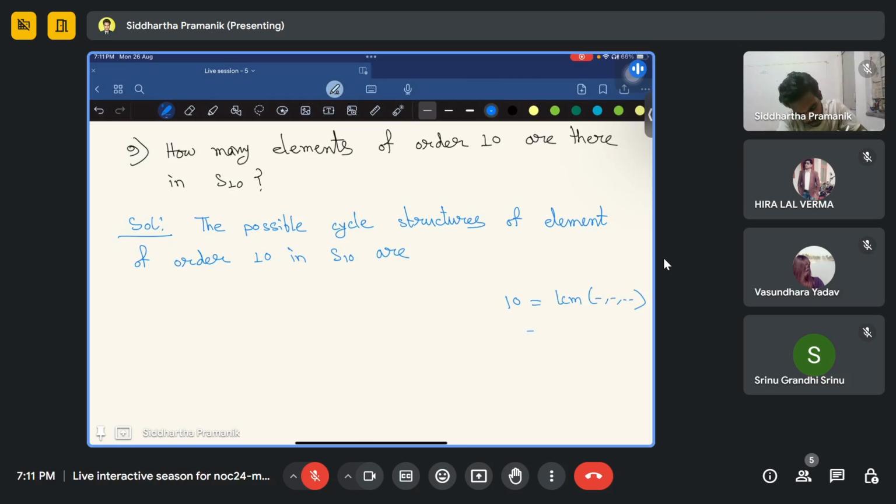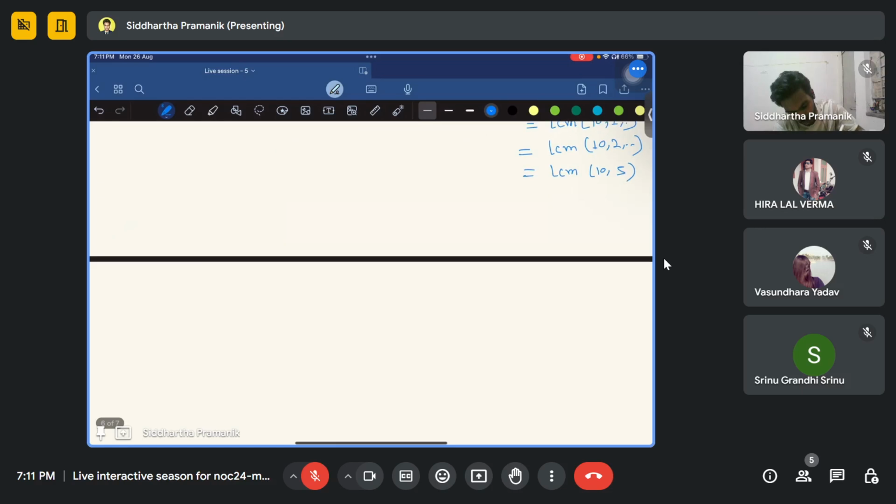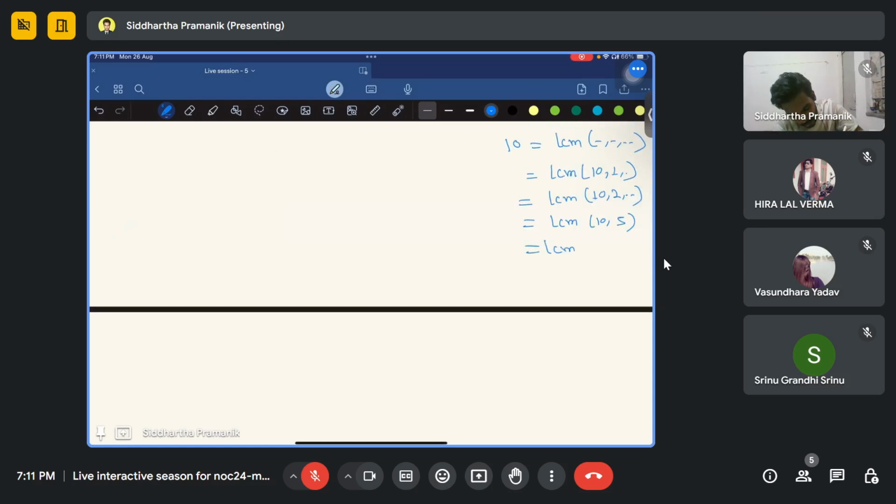It is just LCM of 10 comma 1, or LCM of 10 comma 2, or LCM of 10 comma 5, or LCM of 2 comma 5.